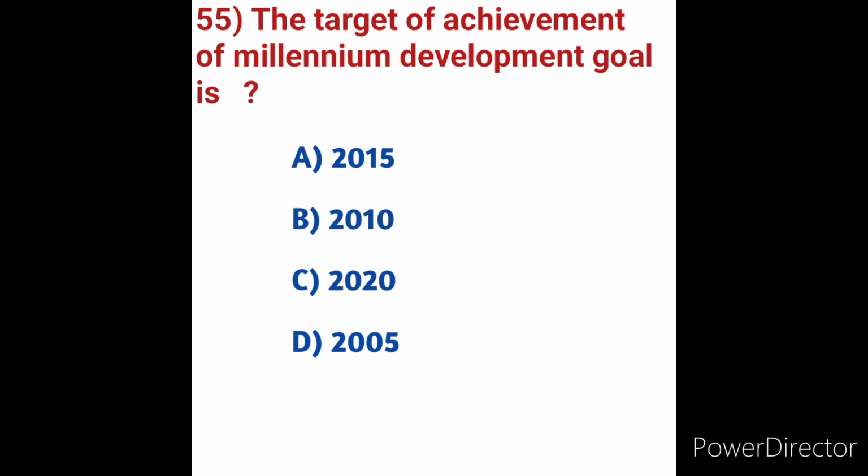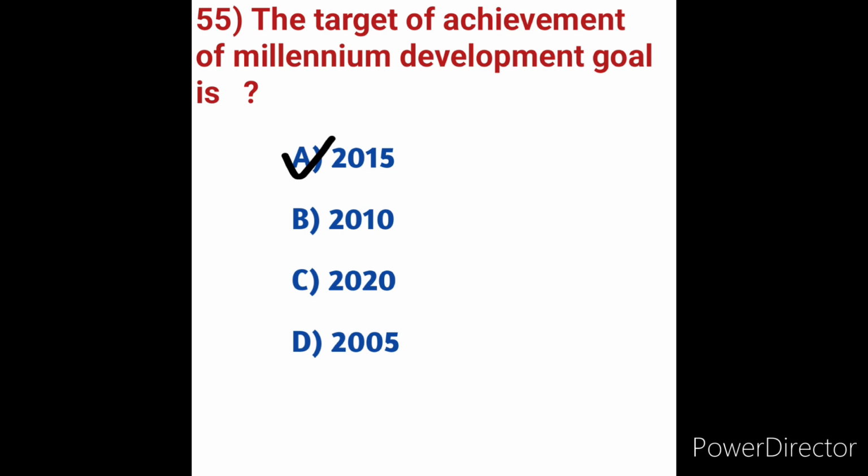The United Nations Millennium Development Goals are the 8 goals set by the 189 UN member states in September 2000 and agreed to be achieved by the year 2015. So here in these options, option A 2015, the target of achievement of the millennium development goals is 2015. Option A is the correct answer here.